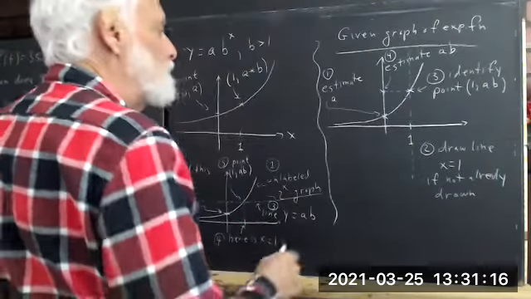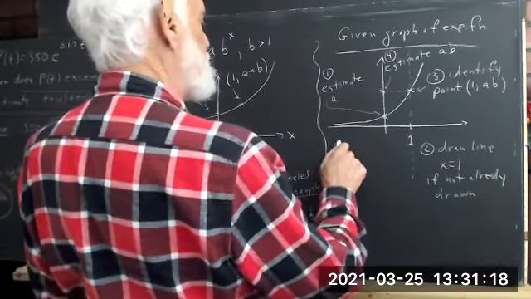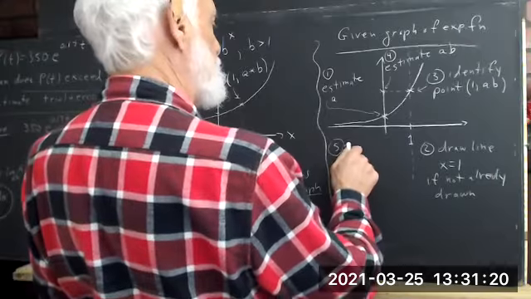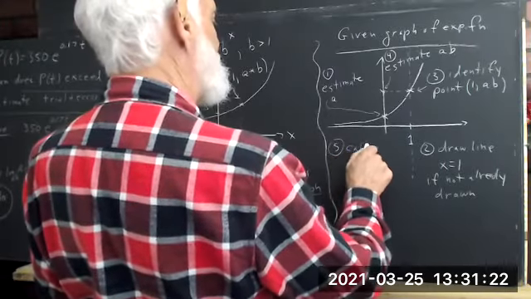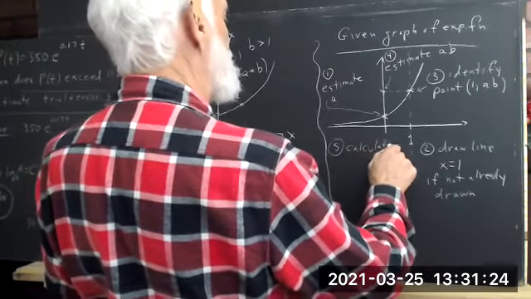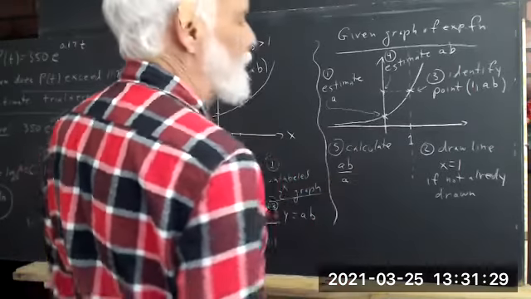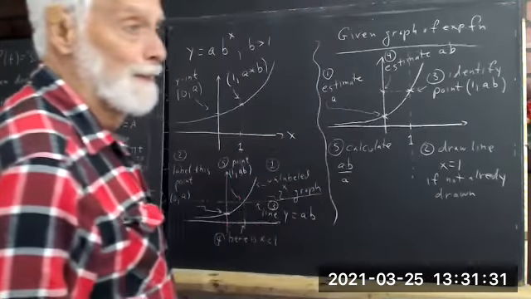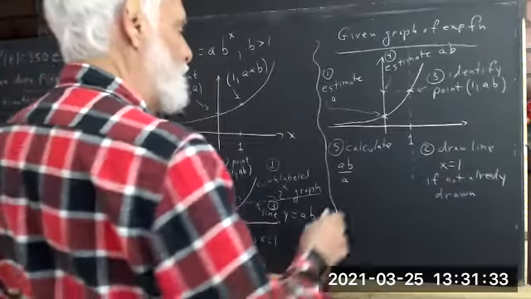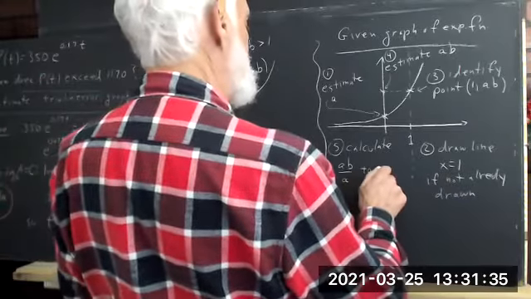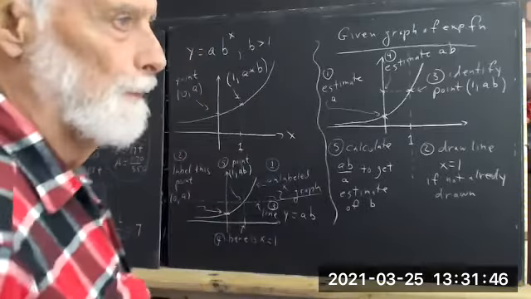And then 5, calculate ab over a to get your estimate of b.